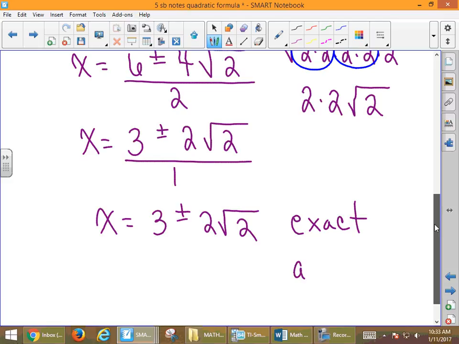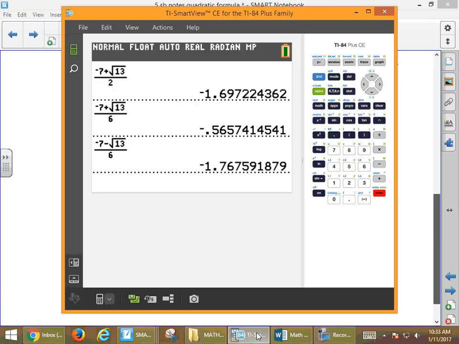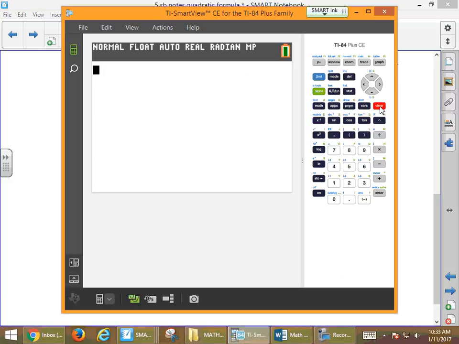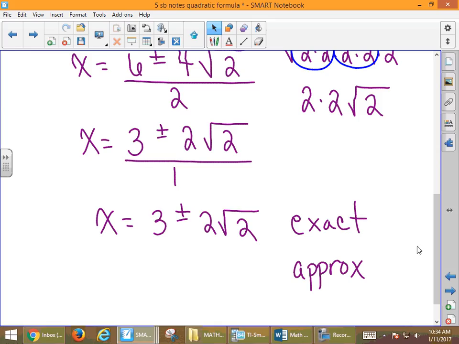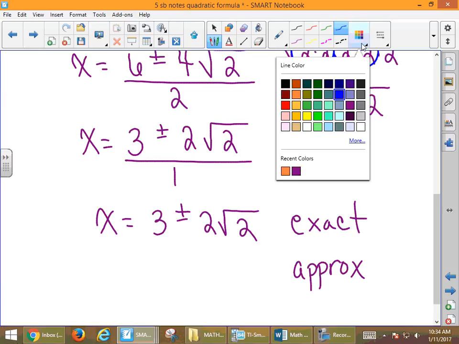So for our approximate values, we're going to go into the calculator and I'll try to type it in correctly this time. 3 plus 2 times the square root of 2. And we get 5.83.